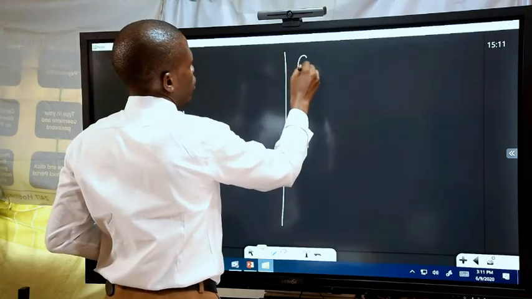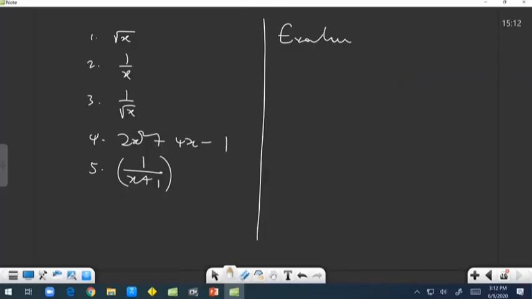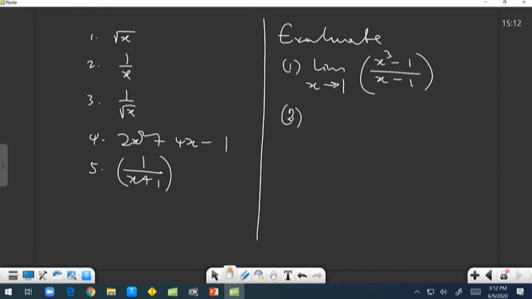Evaluate: 1, limit as x approaches 1, x to the power of 3 minus 1 over x minus 1. 2, limit as x approaches half, x squared plus 1 divided by x squared plus x plus 1.